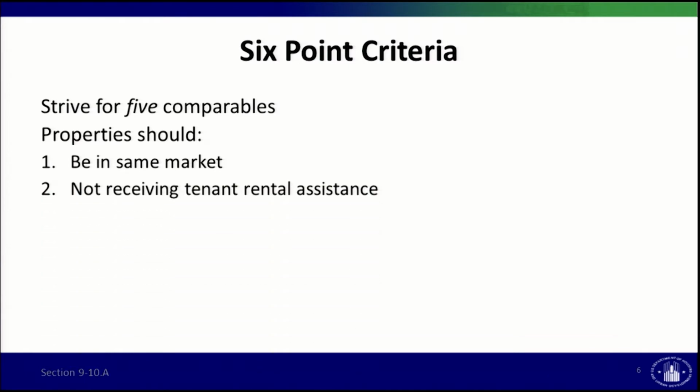Second, the comparables should not be receiving tenant rental assistance, meaning project-based Section 8, certificates, vouchers, PRAC or PAC, be in a 202-811 project, have rent supplement or rental assistance, RAP, or any comparable federal, state, or other public services.